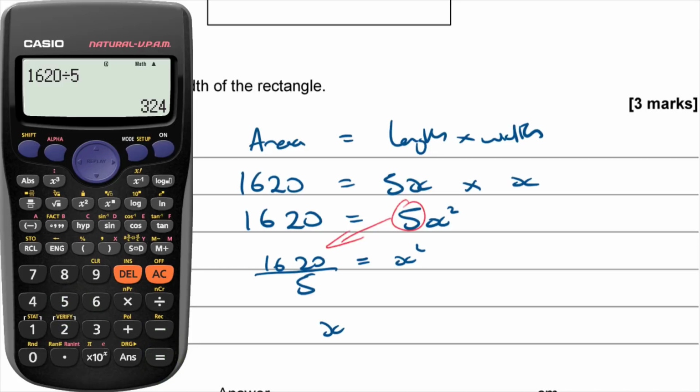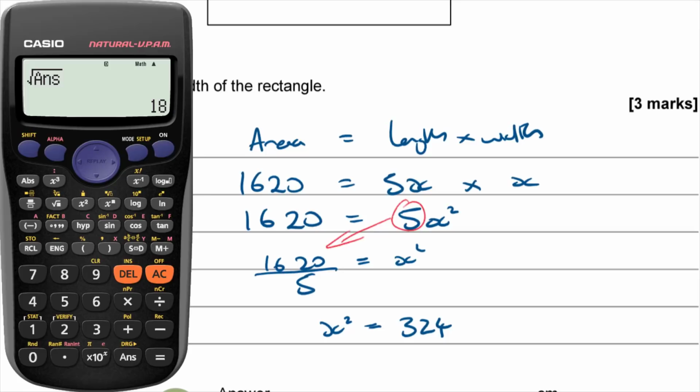So x squared is 324. Then if I square root that, I get 18.